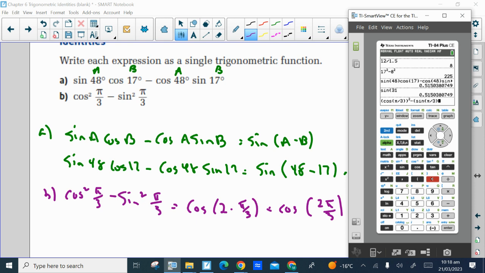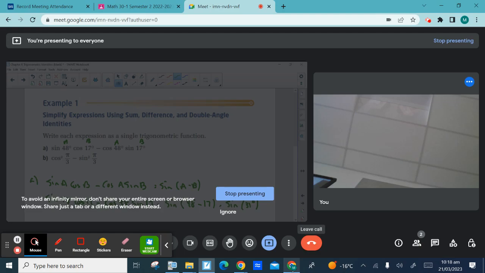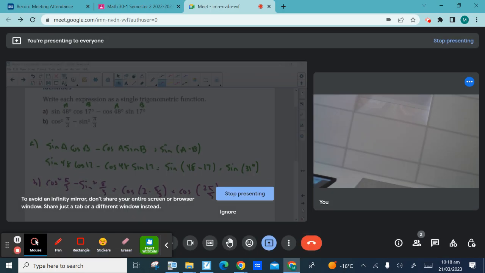Close the bracket on the pi on 3, close the bracket on the sine of pi on 3, and square it. That gives us an answer of negative 0.5. Well, we said that's equal to the cosine of 2 pi on 3, and it is. So our simplified expression is equal to the original. We just showed that.